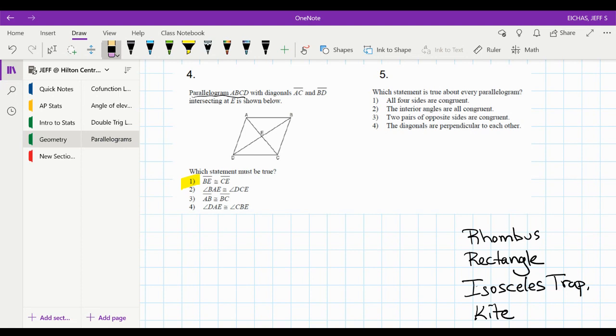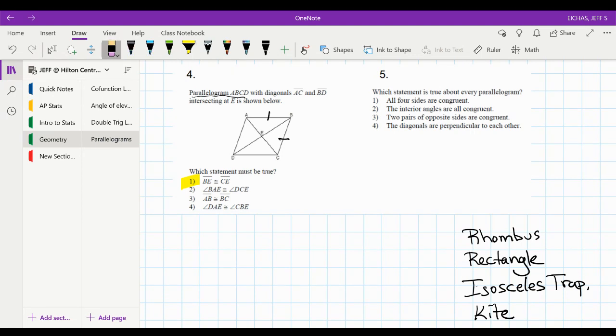We need more information. AB congruent to BC. Okay, if that was the case, it would be a rhombus. So it would upgrade it to a rhombus because you have the sides the same. It's a parallelogram, and these are the same. It's a rhombus. Don't need it. This one's good.